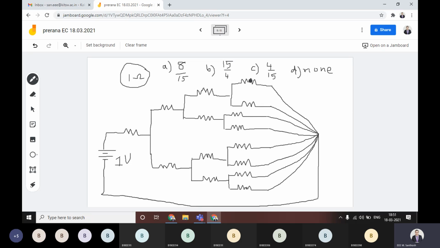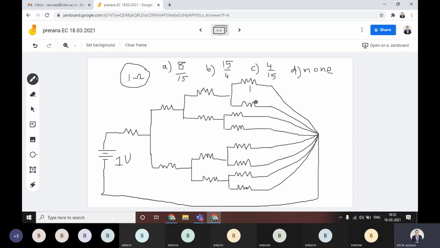Okay, you have to analyze. This is 1 and 1, it will give 0.5, right? Then 0.5, and this is 1, so 1.5 and 1.5 in parallel, which is equal to 3 by 4. Is everyone understanding?